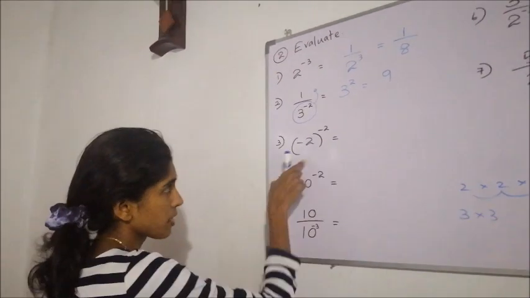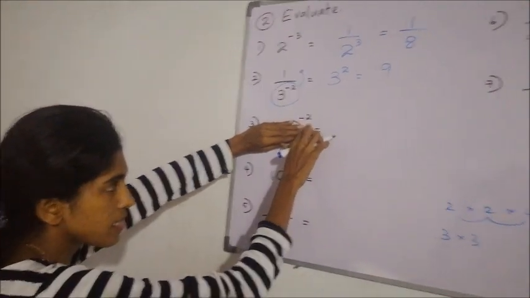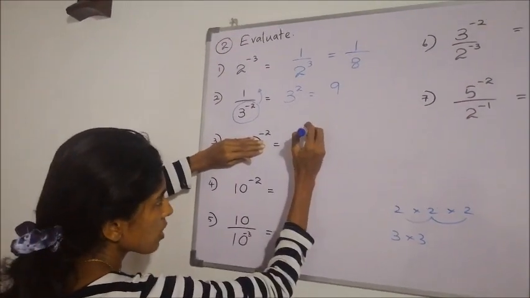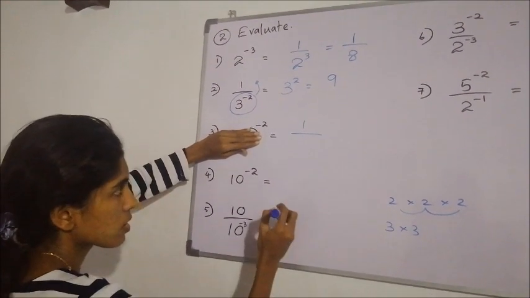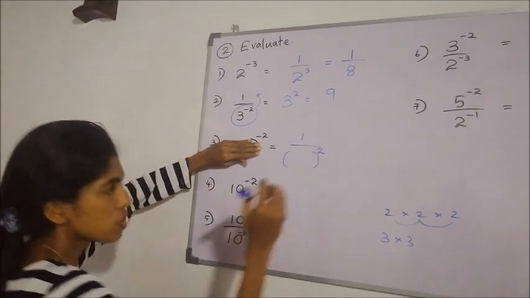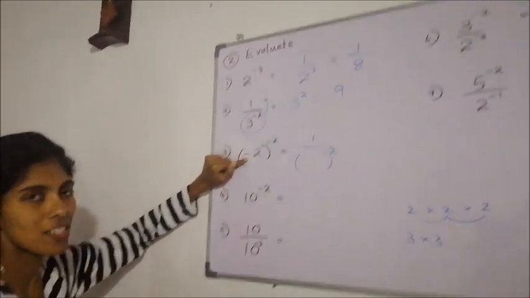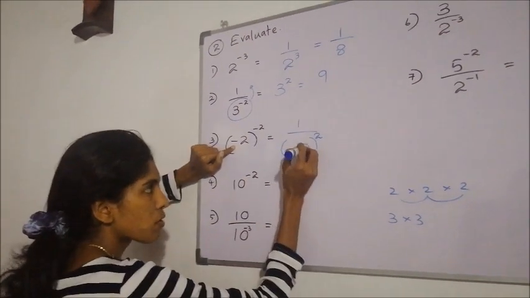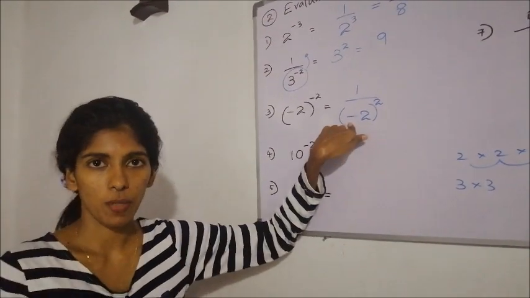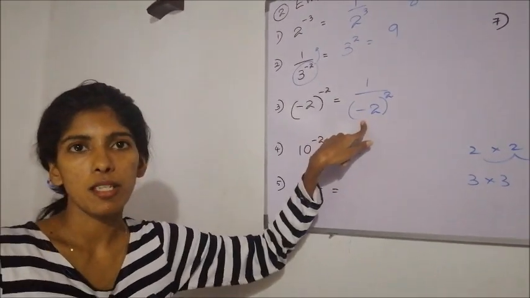Next one. This whole section's index is minus 2. Right? So, when we write the reciprocal, 1 should be the numerator. And down, the whole section must be with a positive index. Minus 2 becomes positive. But inside the brackets, what is there? Minus 2, you cannot change its sign. This minus can't be changed. Okay? Because it belongs to the whole number. It's not an index.